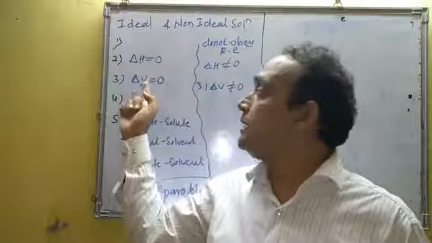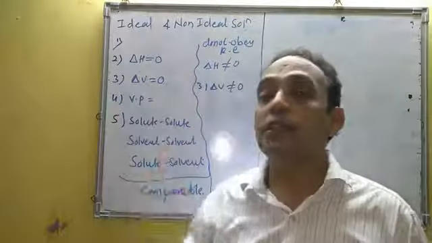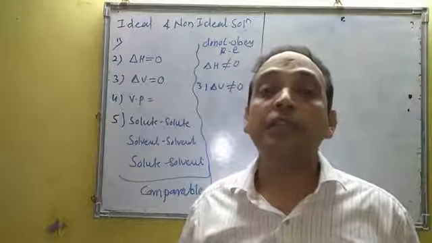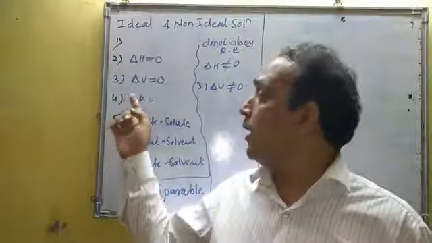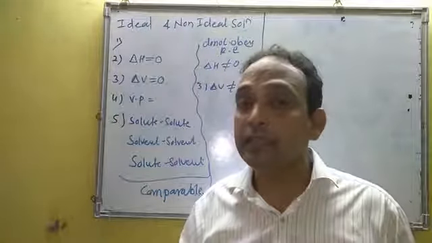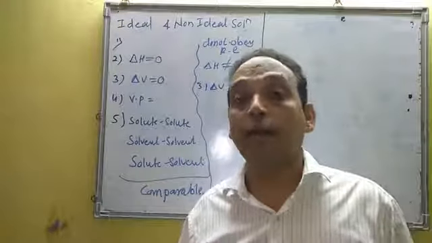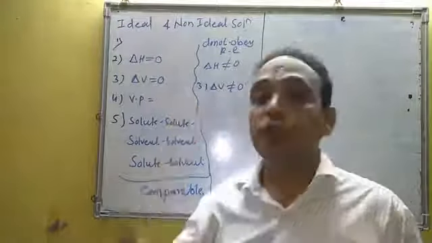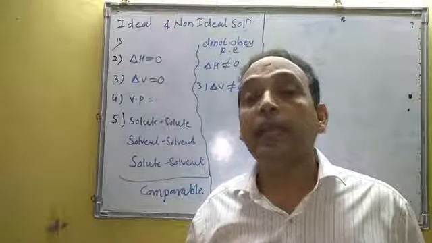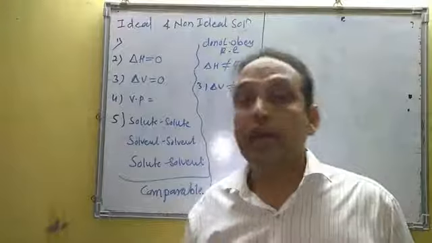In ideal solution, there will be no change in volume. In non-ideal solution, there will be a change in volume. In ideal solution, vapor pressure of solution lies between the vapor pressure of pure components. In non-ideal solution, vapor pressure is less or greater than the vapor pressure of pure components.